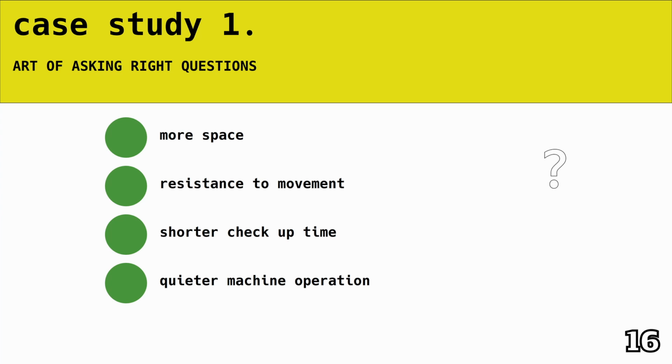And what is important? If he had not attended this design thinking workshop, he would definitely have thought of how to solve the problem of children not being able to lie still and the rate of efficiency being at such a low level. So he would have thought of how to make it more resistant to movement, how to shorten the time of the checkup, how to make the machine more quiet.